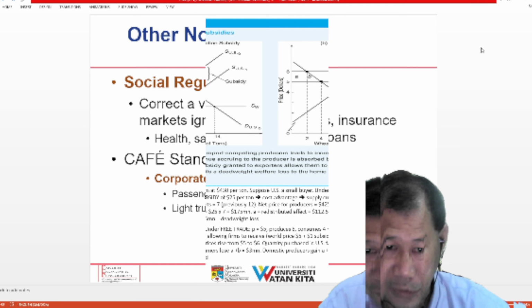Like in Malaysia in the past, there was a policy, but that policy is no more. Government public service had to use Malaysia Airline at that time, unless you could not get Malaysia Airline. That's one example, but not anymore.